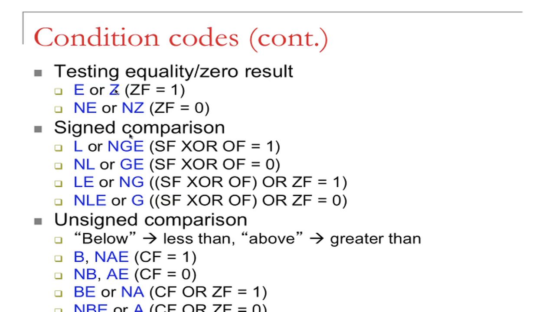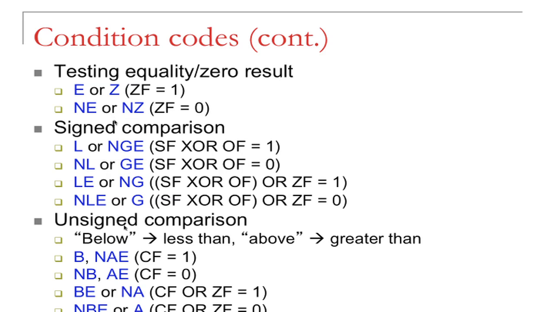And we have signed comparison: larger than, not larger, less than or not greater or equal. And we have not less than, that means greater or equal, and so on.